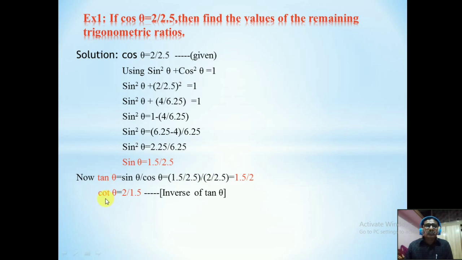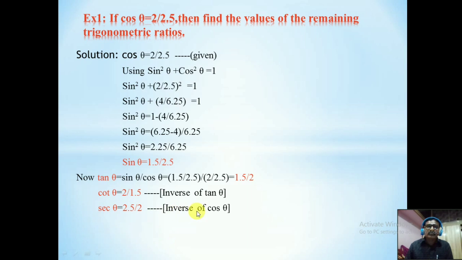Cot theta. Cot theta is inverse of tan theta, and tan theta is equal to 1.5 upon 2, and inverse of it is 2 upon 1.5. Sec theta.